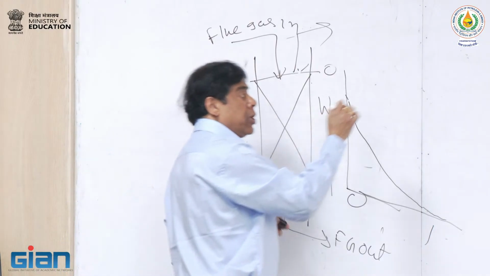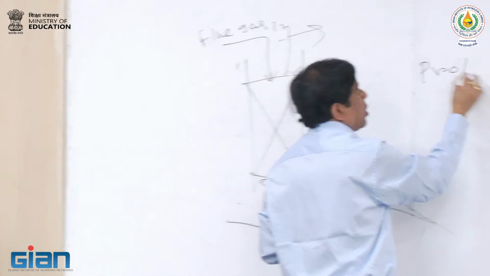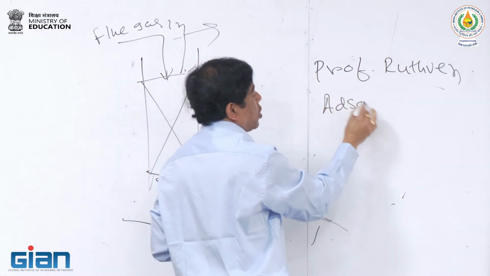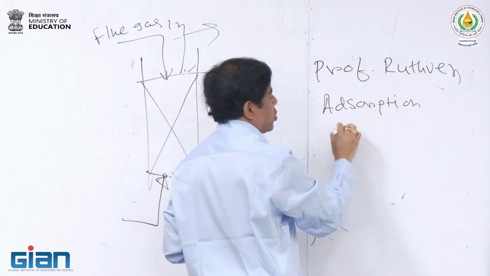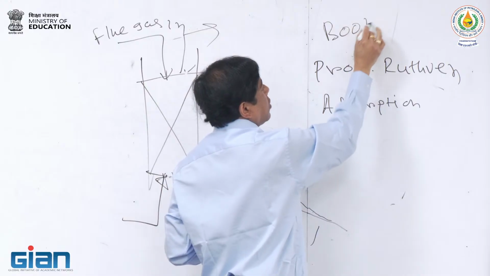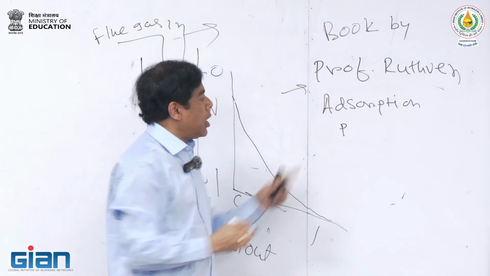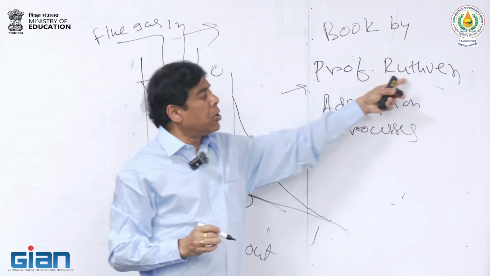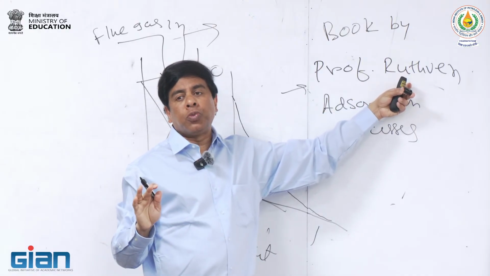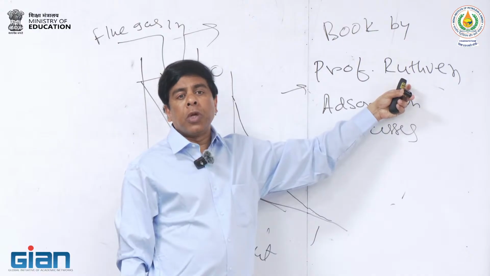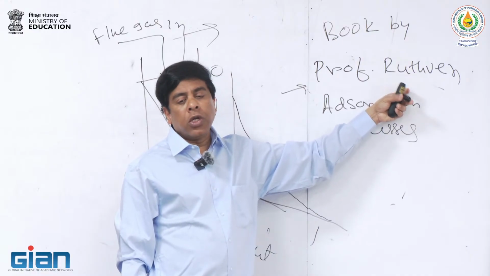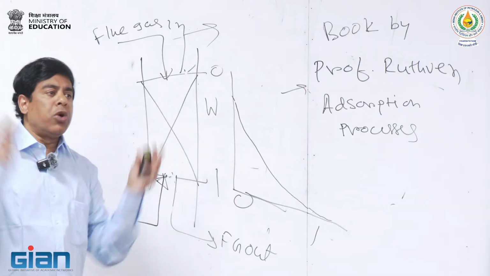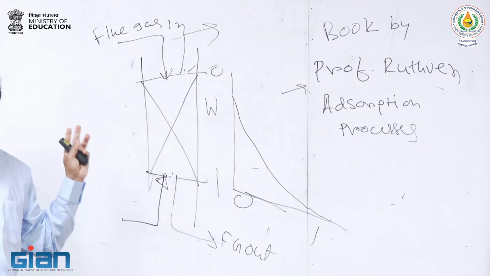I should have talked about that before. I forgot to mention the book by Professor Ruthven, I think it's called Adsorption Processes, or something like that; I have to check the exact name. Even though it is dated, in my view it is still the best book.